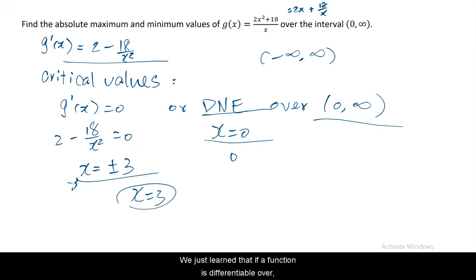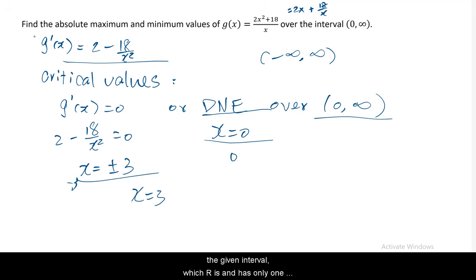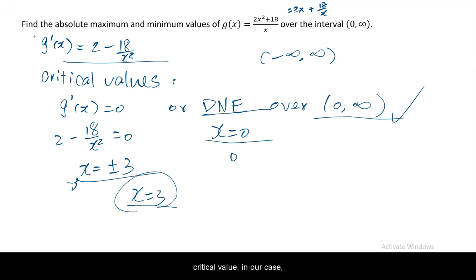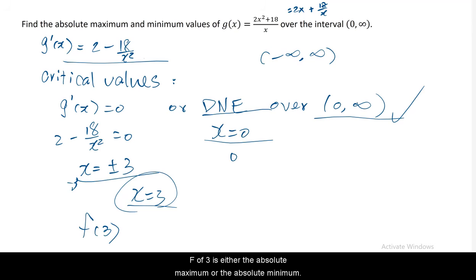We just learned that if a function is differentiable over the given interval, which it is, and has only one critical value, in our case we have only one critical value, which is 3, then f of 3 is either the absolute maximum or the absolute minimum, right?